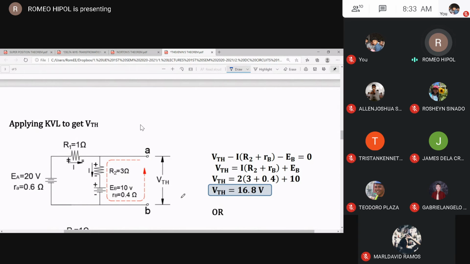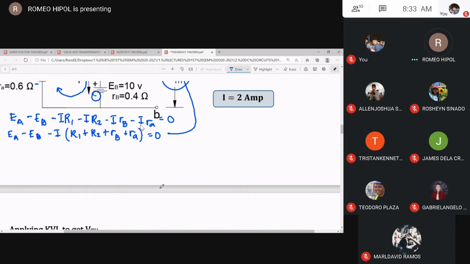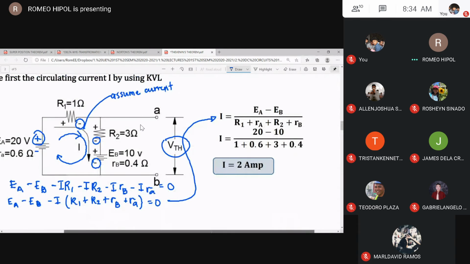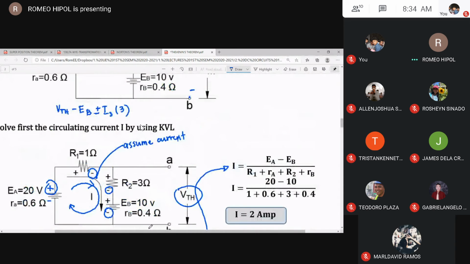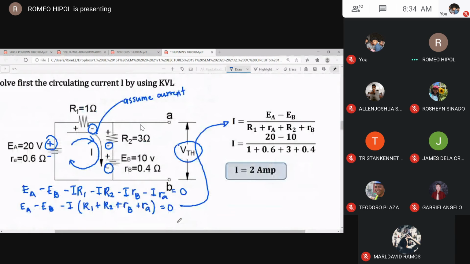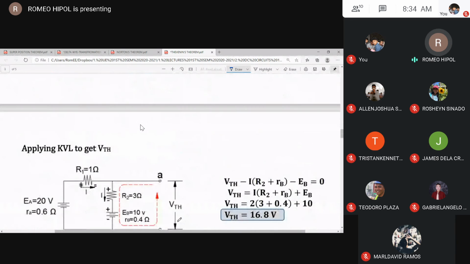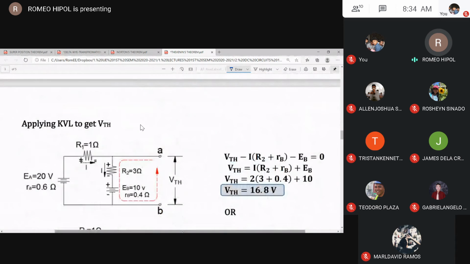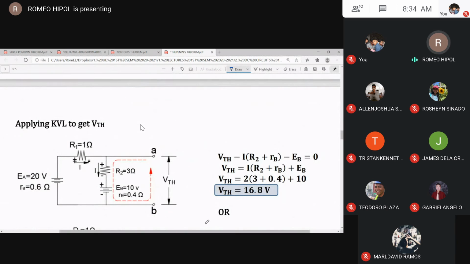Naintindihan yung process natin? Okay, sige. Ang walang tanong. Let's proceed to get the Thevenin's voltage. Okay, in Thevenin's voltage, we are going to use this loop. Naintindihan?